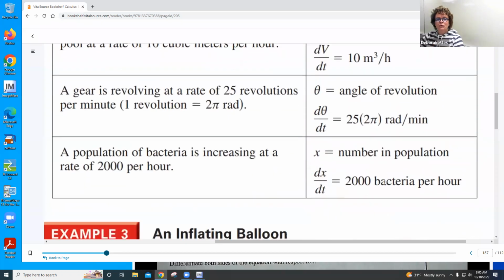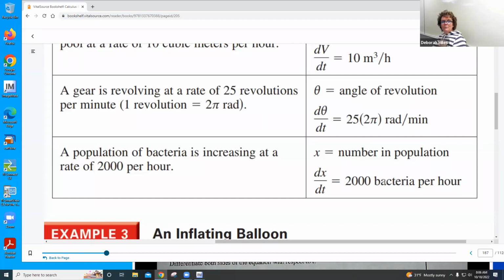The gear is revolving at a rate of 25 revolutions per minute, and 1 revolution is 2 pi radians. If theta is the angle of revolution, then we're being given that 25 is revolutions per minute. So the symbol we'll use for that is d theta over dt, a change in theta with respect to time.